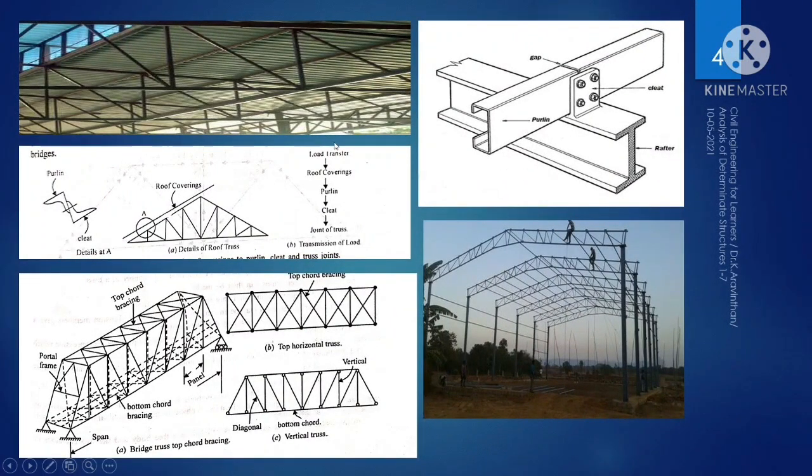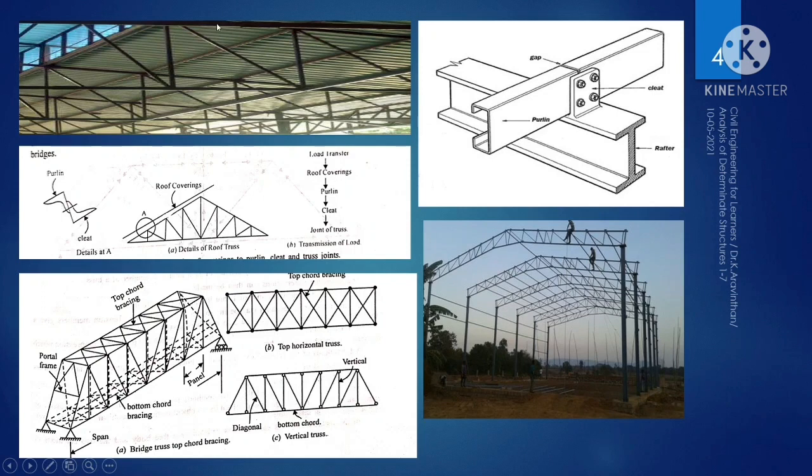Okay, now let us understand the load transferring mechanism. If you are constructing the roof for an industrial building, you can see the load is transferred from the roof to the bottom of the structure. It is transferred first to the roof covering.